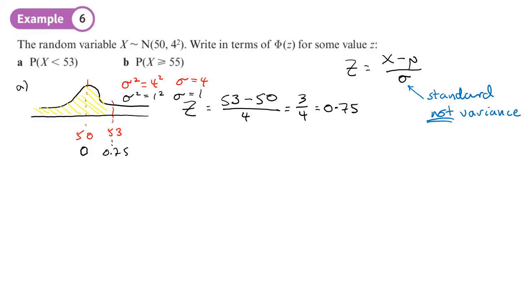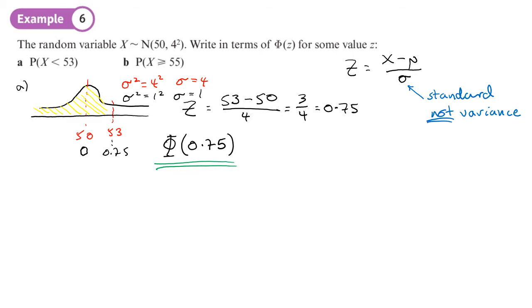So the equivalent in terms of z is an area up to 0.75. That will be the answer for the first one. Basically it's an equivalent normal distribution, but with slightly different values.